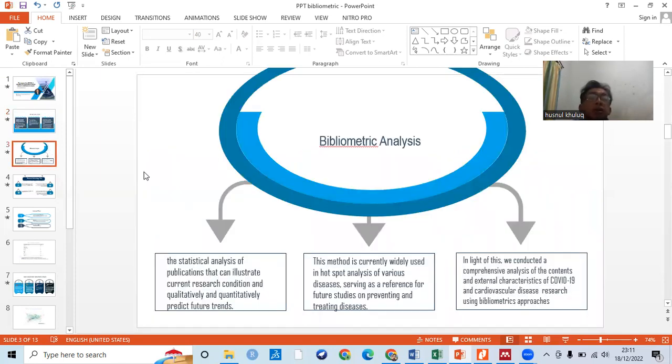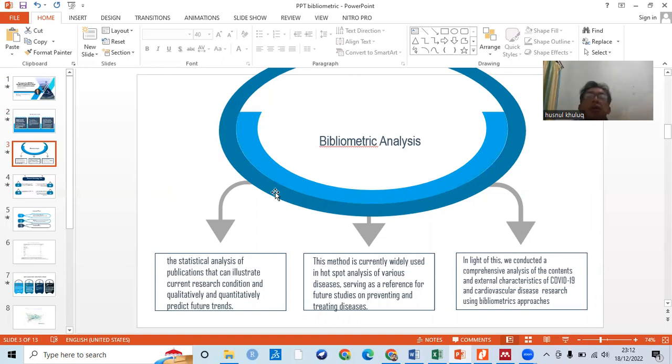Bibliometric analysis is the statistical analysis of publication that can illustrate current research condition and qualitatively and quantitatively predict future trends.